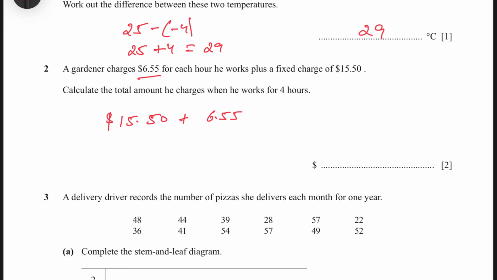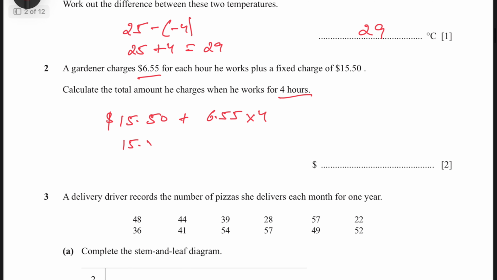And how much did he work? 4 hours. So you just do times 4. Using the calculator, 6.55 times 4 is 26.2. Then 15.50 plus 26.2 is $41.70, which will be his wage.